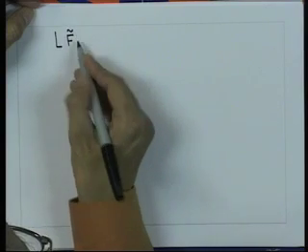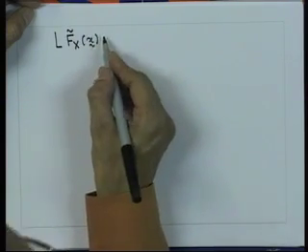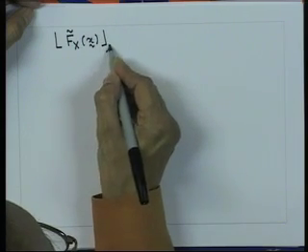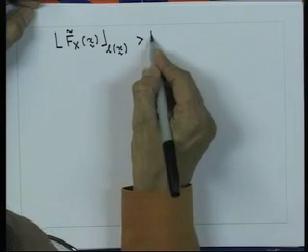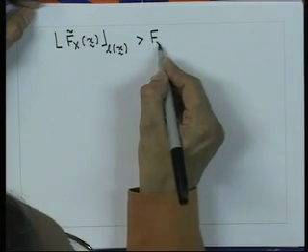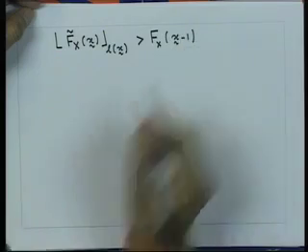Now, we have already shown that the truncated value of F tilde is greater than F(x minus 1).